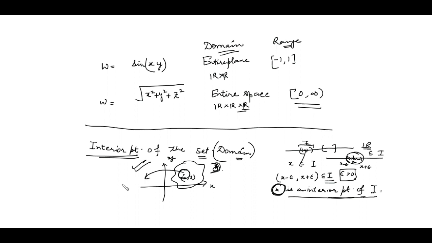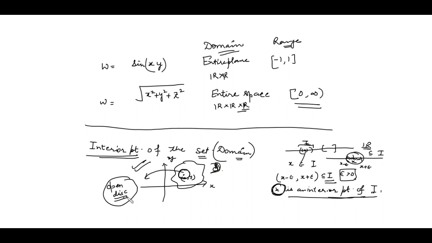Here the neighborhood will be of the form of an open disk: all the points lying inside the circle centered at (x, y) with very small radius epsilon, right? So every point lying inside this circle with radius epsilon and center (x, y) will become an open disk around the point (x, y).